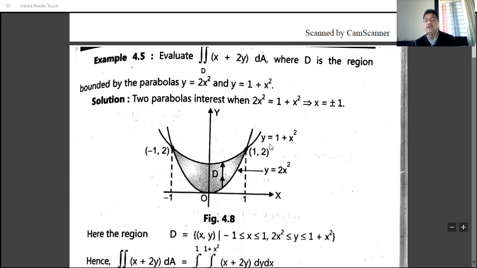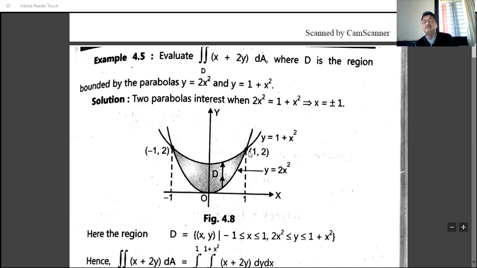So what we get, 2x square is equal to 1 plus x square, means 2x square minus x square is x square is equal to 1, and x square is equal to 1 means x is plus minus 1. If we substitute x is equal to plus 1 in this equation, then we have y is 2. And if we substitute x is equal to minus 1 in this equation, then we have y is 2.